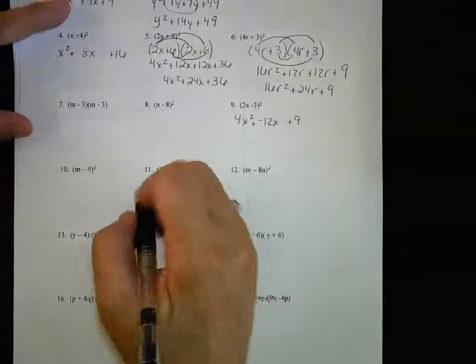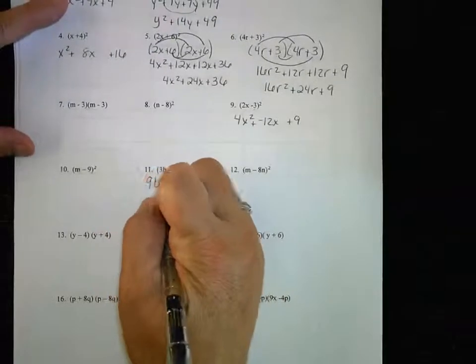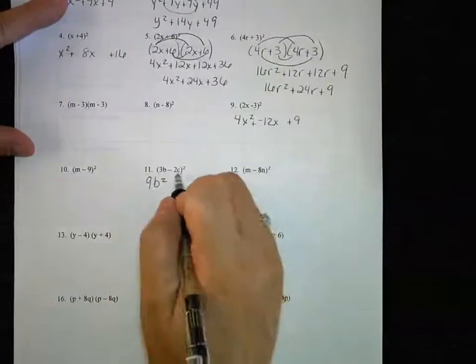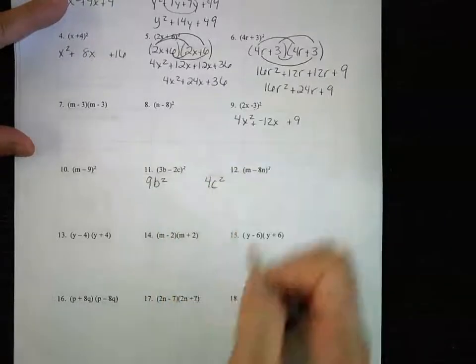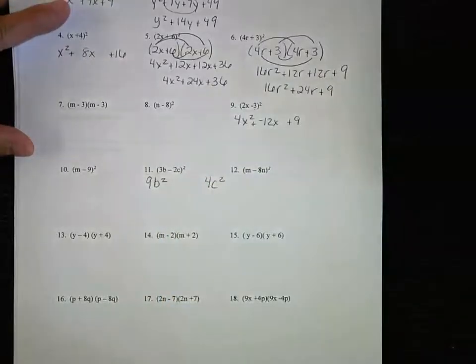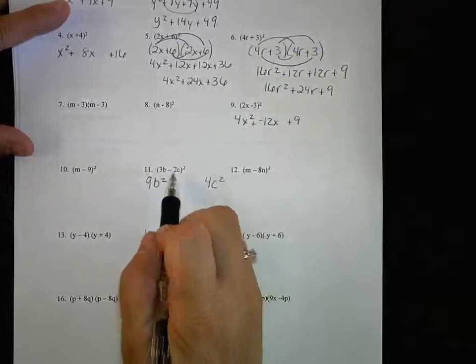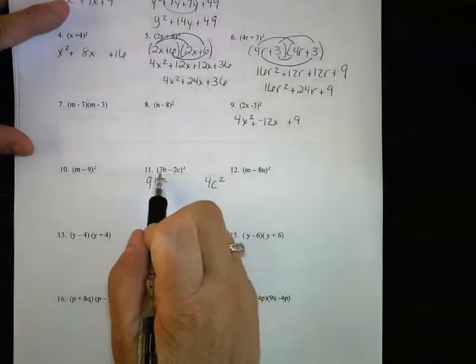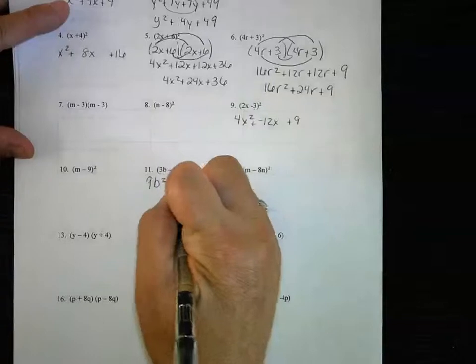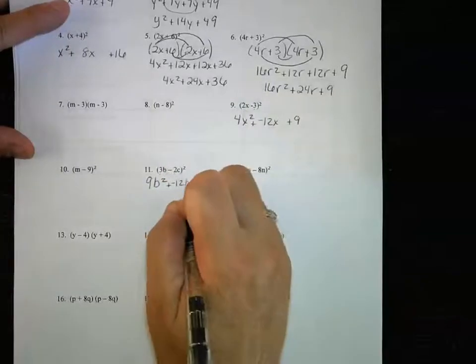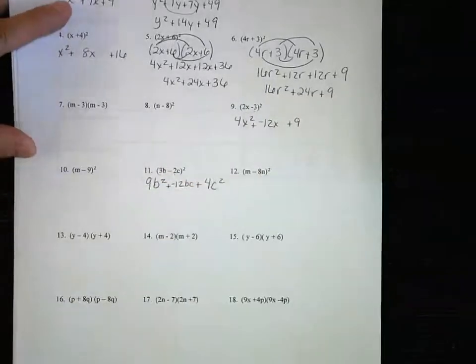3b times 3b is 9b squared. 2c times negative 2c is a negative 4c squared. In the middle term, negative 2 times 3 is negative 6. You have to double that, which is a negative 12, and then a b and a c.